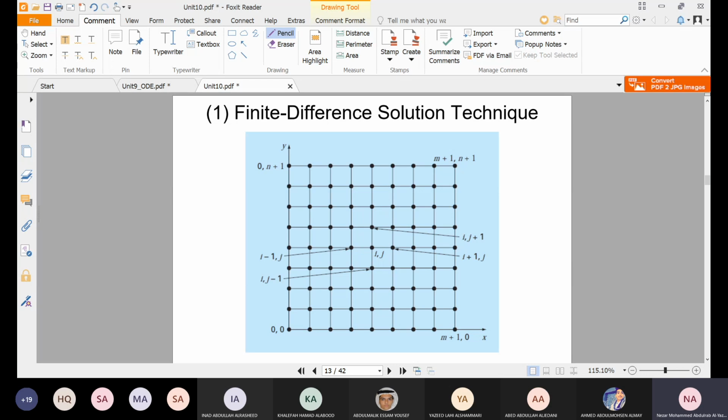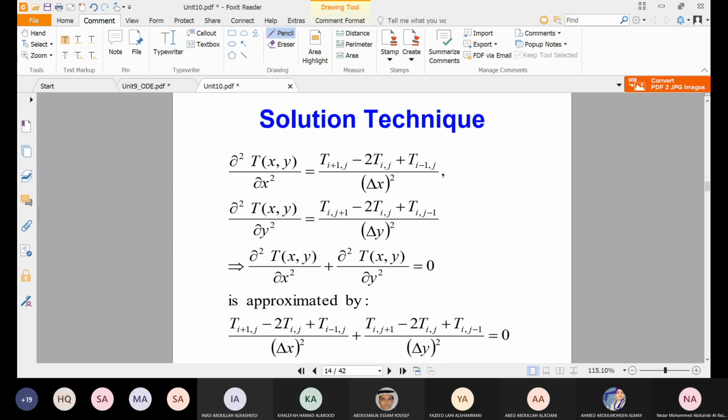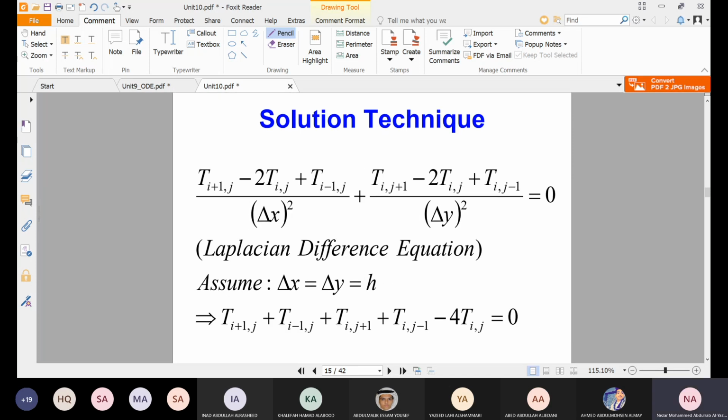So this is the grid that we will use for the finite difference solution technique. We can divide the plate into several grids. After that, we'll compute the temperature at the nodes step by step. As we said, to simplify the solution, we assume delta x equals delta y and this equals h.